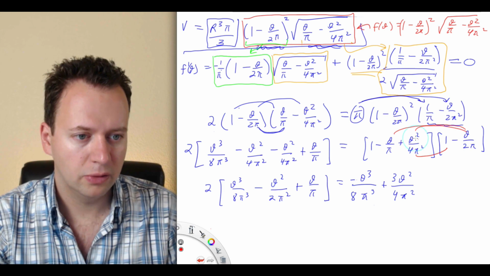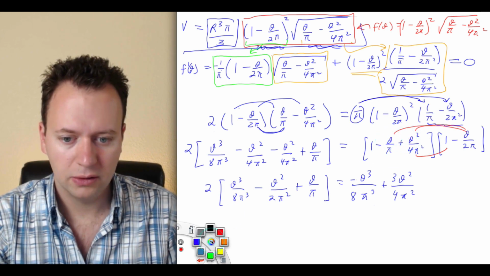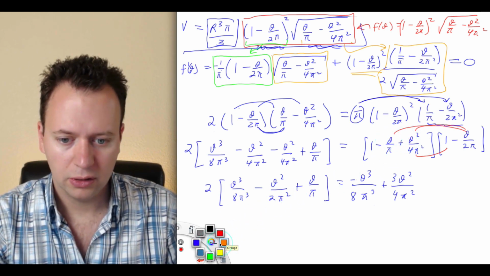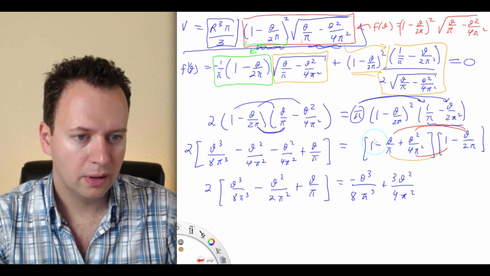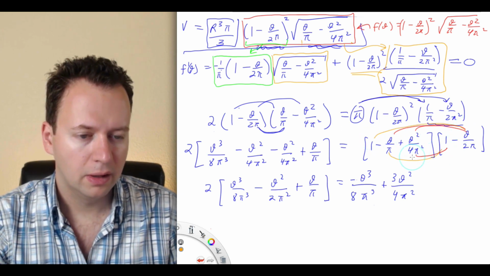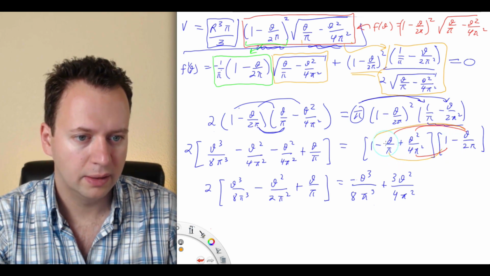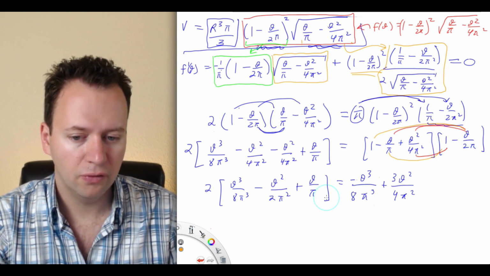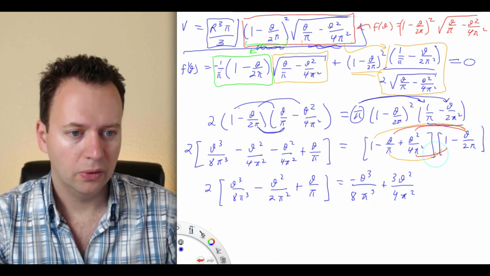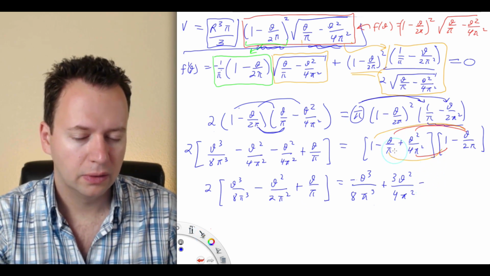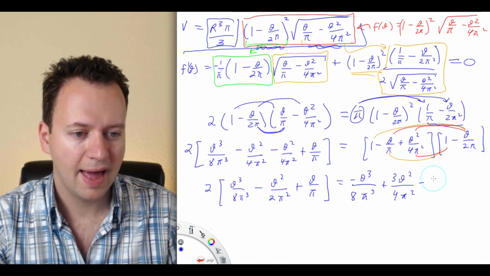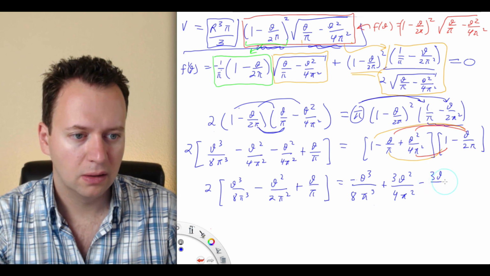Okay, so we got the theta cubed term from here to here, theta squared from there and from there. Now the theta term from basically two places, from here and then from there. So that we get minus theta over pi times 1 and then minus theta over 2 pi. So that's minus theta over pi minus theta over 2 pi, so that's 1 plus 1/2, that's 3 theta over 2 pi, and then finally plus 1.